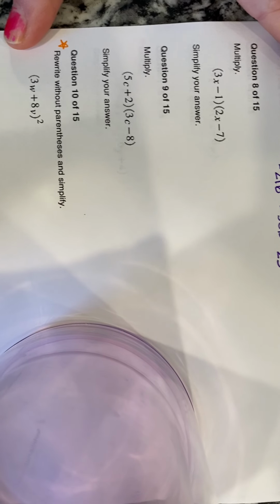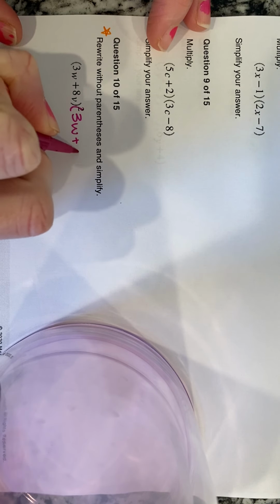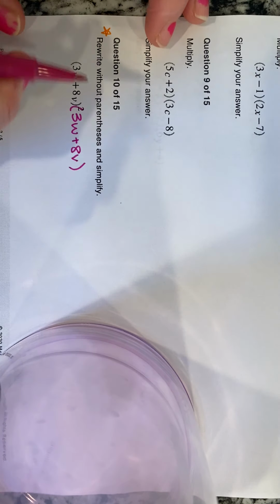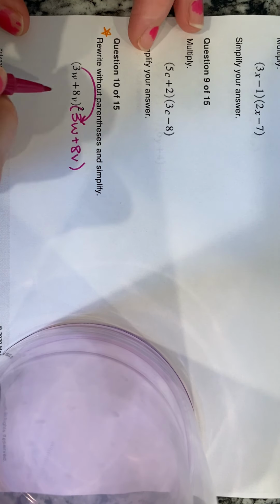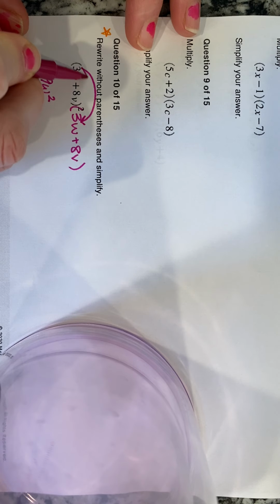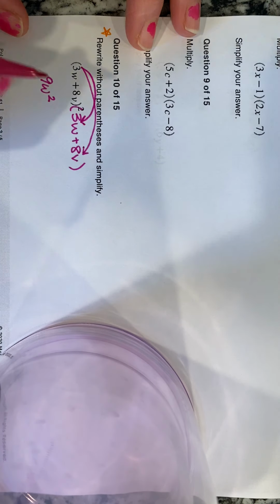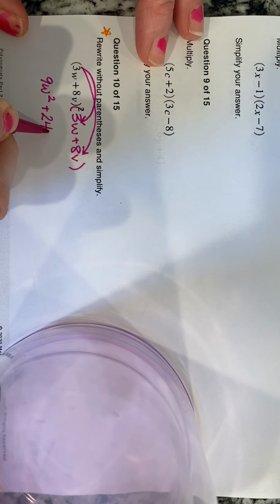So will number 9. Let's try number 10 again because it's one of those where we're going to write it twice. So 3w plus 8v. Then you're going to take 3w times 3w. That is 9w squared. 3w times 8v. 3 times 8 is 24wv.